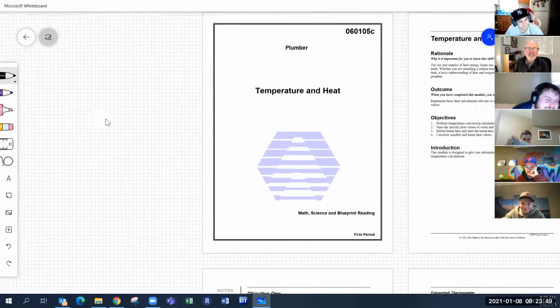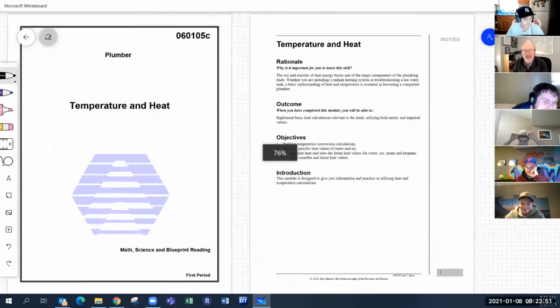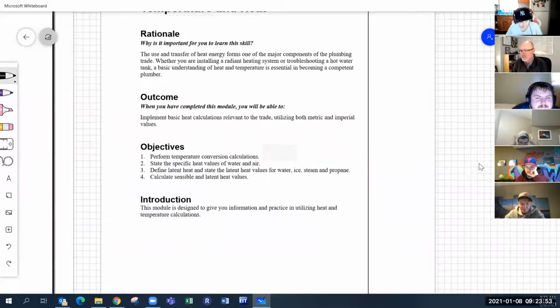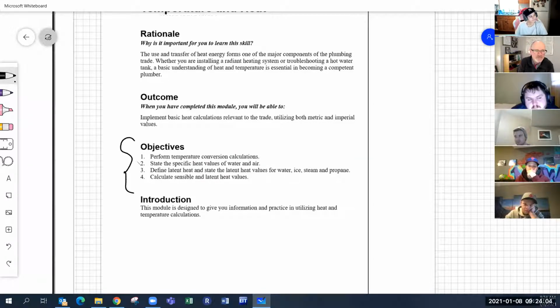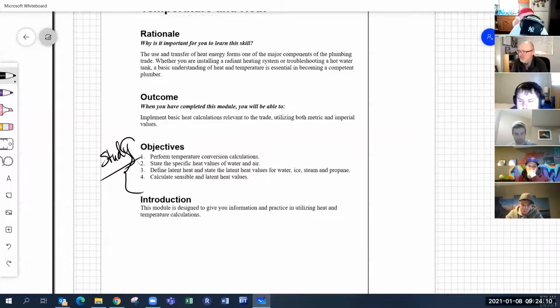Thanks, bud. So let's have a look at the objectives now. Just to give you guys an understanding, if you ever want to study anything out of any ILM, the first thing you should be looking for is the objectives. This is what you study. This is what you look at. If you need to study any ILM out of your books, you look at the objectives.